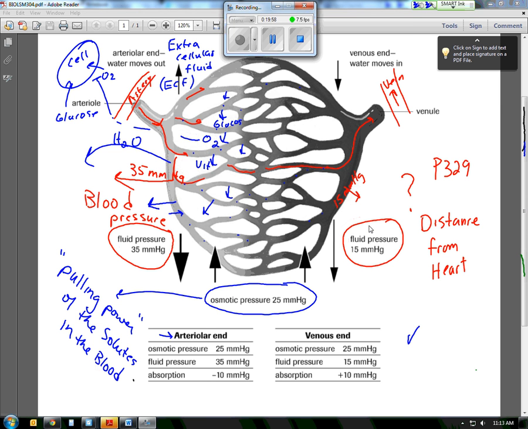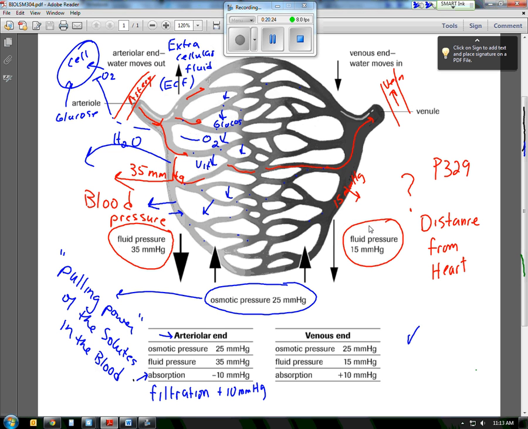Now, down at the bottom of this little diagram, it says the absorption is minus 10 millimeters of mercury. I'm just going to add something here. I'm going to say the filtration is plus 10 millimeters of mercury. And now you're probably saying, okay, well, what is filtration and what is absorption?